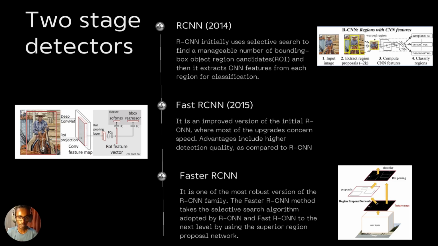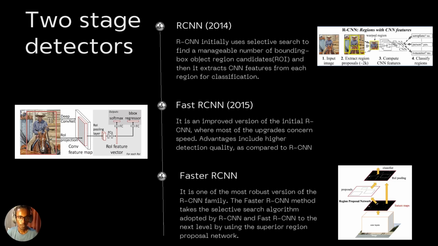For example, if you use VGG16, you need to warp the image so that it's going to fit at the input of the model. And then finally, you just predict the class, and you also predict the position of the object.